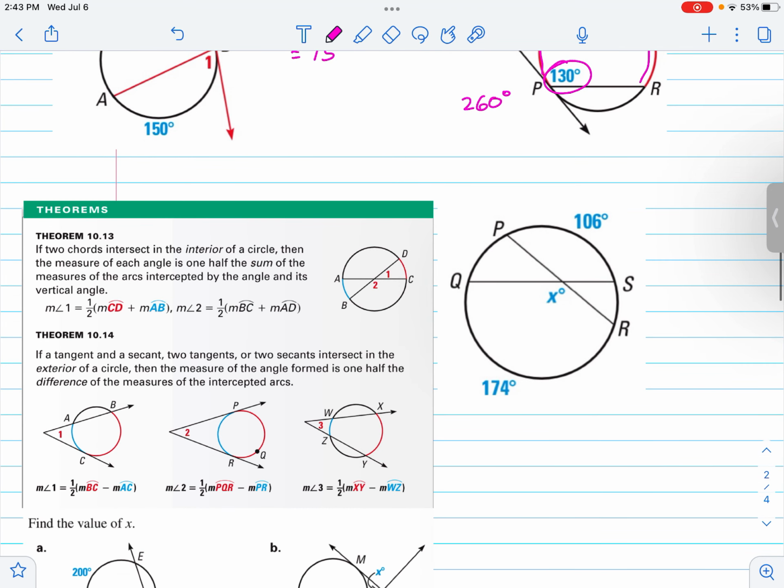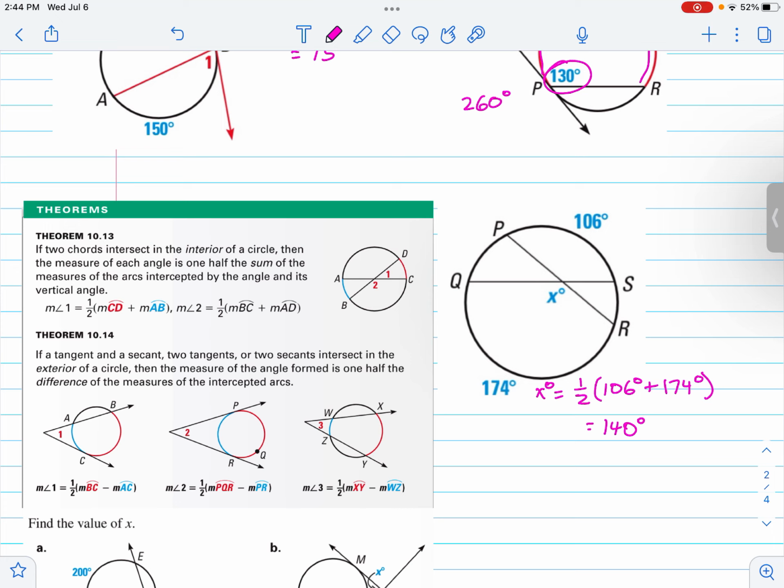Now let's look at some more. Here's one where we want to find x. Well, x is going to be 1/2 of 106 plus 174, so x degrees is equal to that, and I guess that would be about 140.